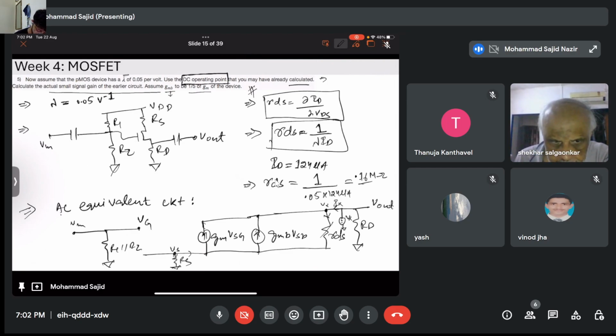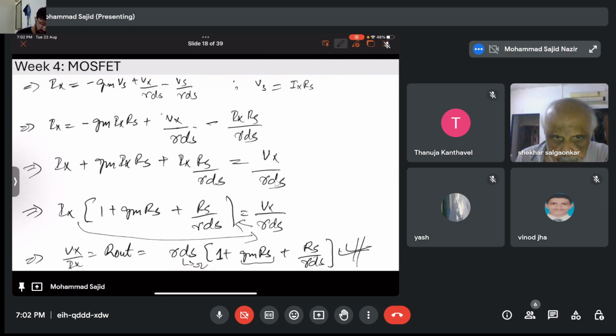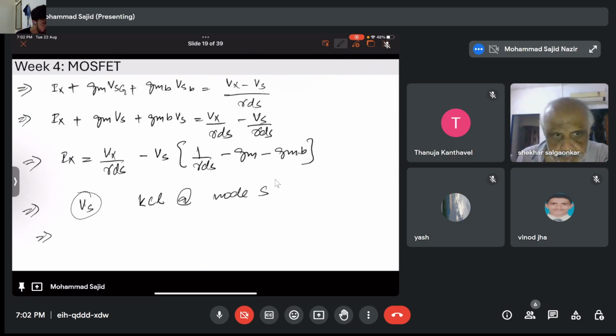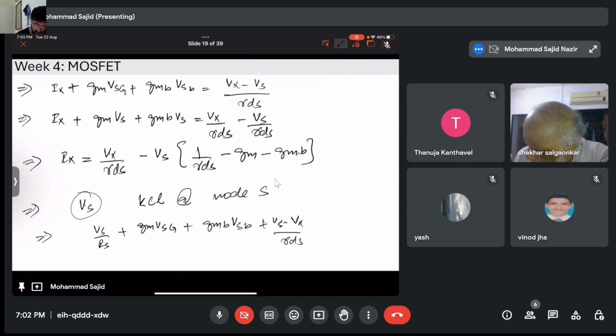These are going in this direction, and I have this current as well, that is Vs minus Vx by Rds. So I can directly write here Vs by Rs going outwards plus Gm Vsg plus GmB Vsb plus Vs minus Vx by Rds equivalent to 0.